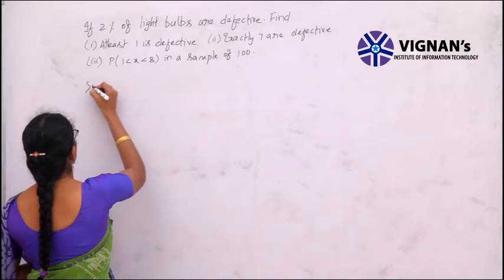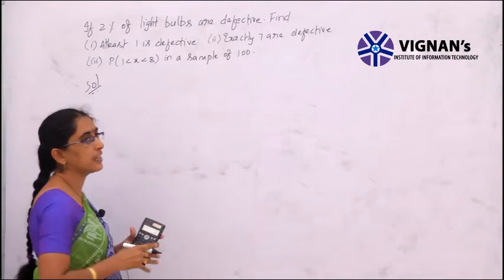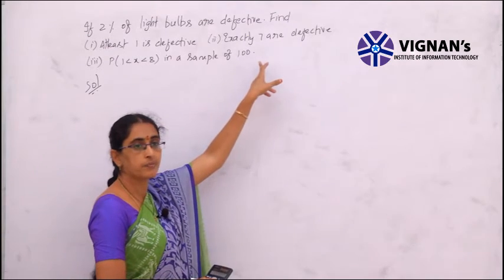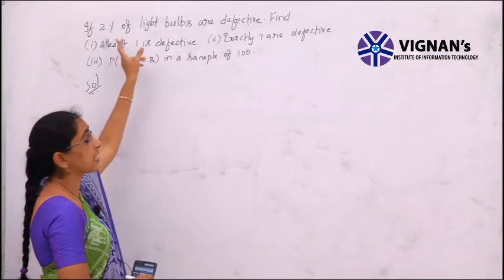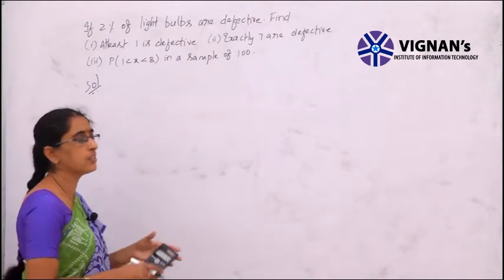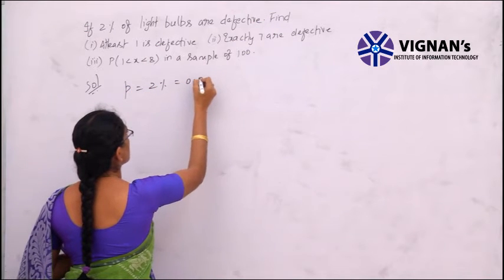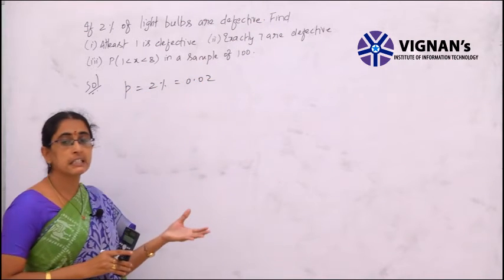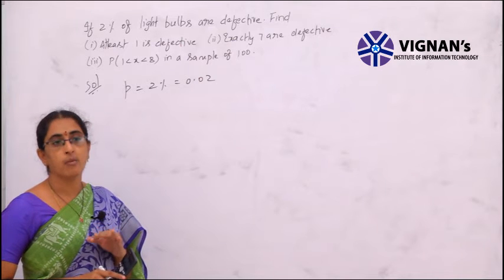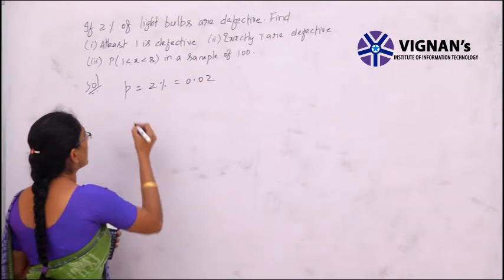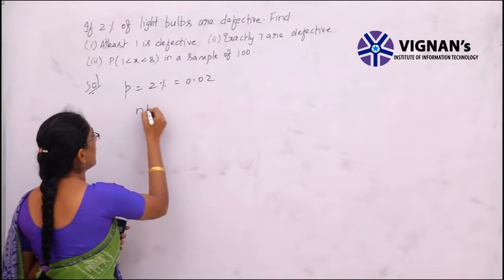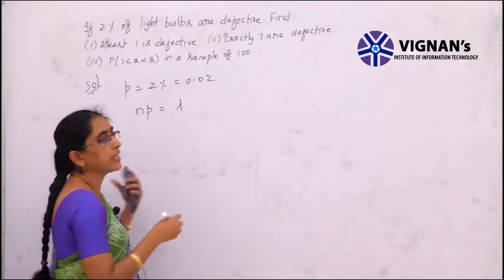So what is the condition to tend to the Poisson distribution here? N is definitely large, right? And probability of success is small here, 2% means p equal to 0.02. And what is the third condition? Mean of the binomial distribution is finite. That means mean of the binomial is here np and it becomes the mean of Poisson.